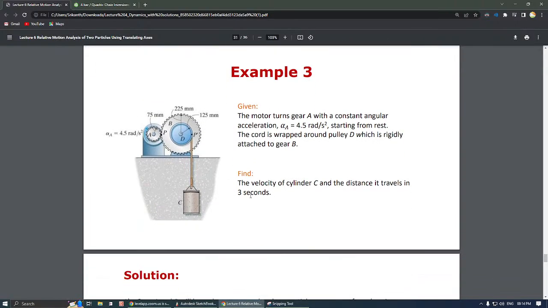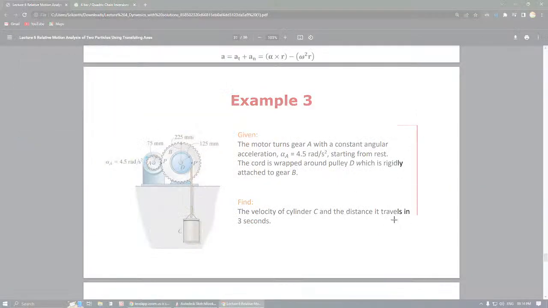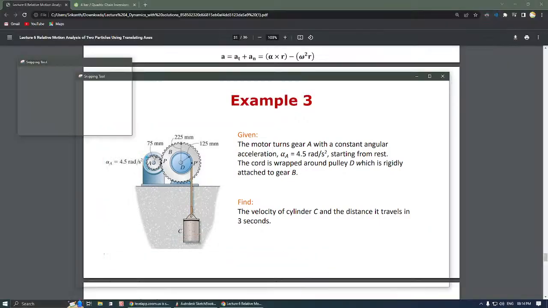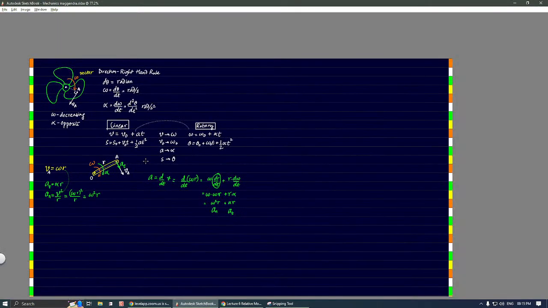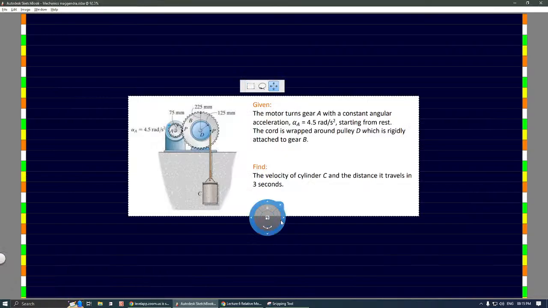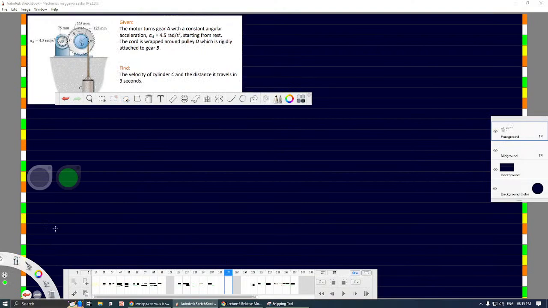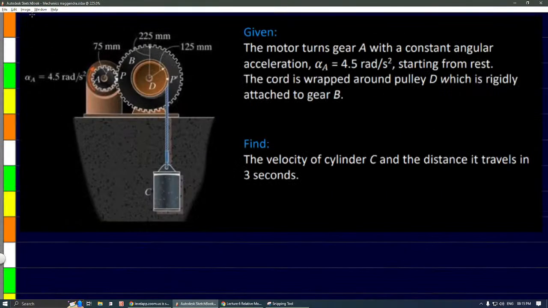Then example here. Motor turns the gear A. Where is the motor?